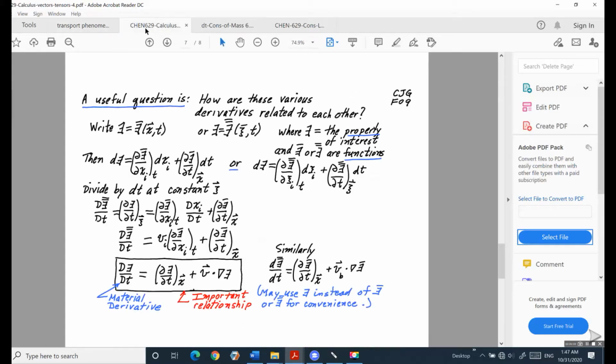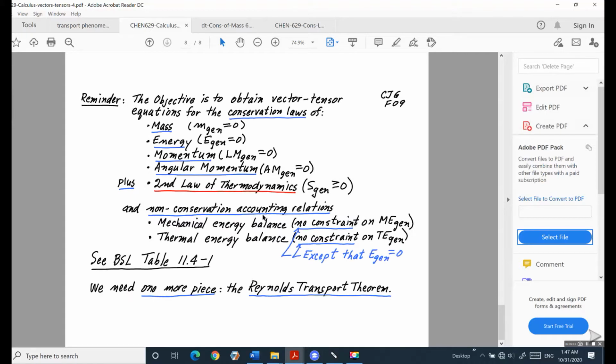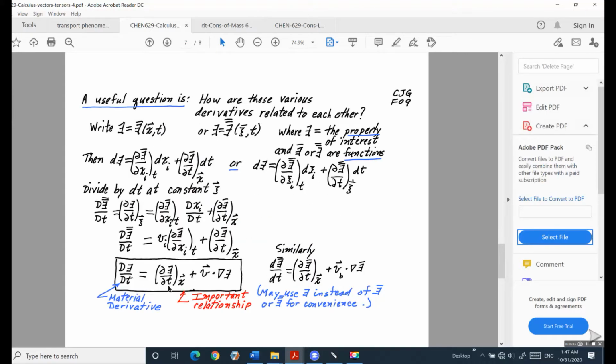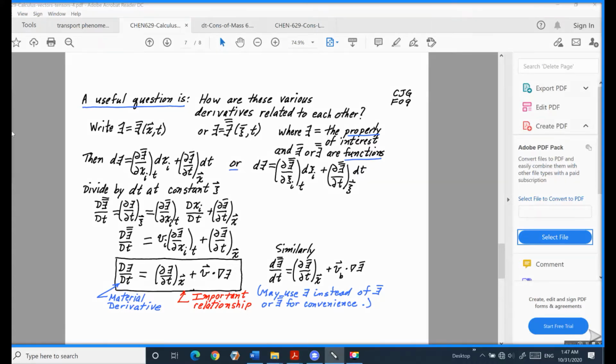Now what we got before was the definition of the material derivative. Here again I just want to go over what the material derivative was. This is any intensive variable of the system inside of the control volume, and we also call this the substantial derivative.